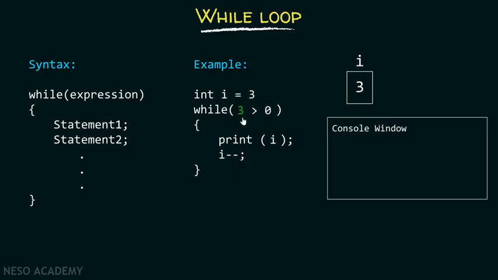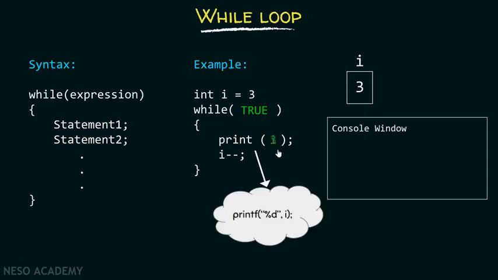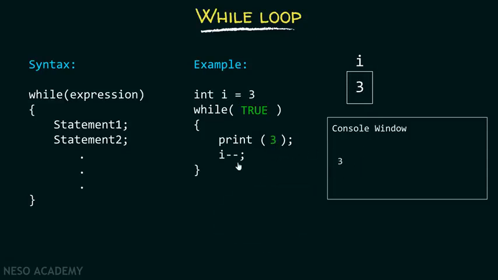As 3 greater than 0 is true, we will go inside this while loop and print the value 3 on the console window. After that, we decrement the value of I, so the value of I now becomes 2. And after decrementing, we again check the condition.